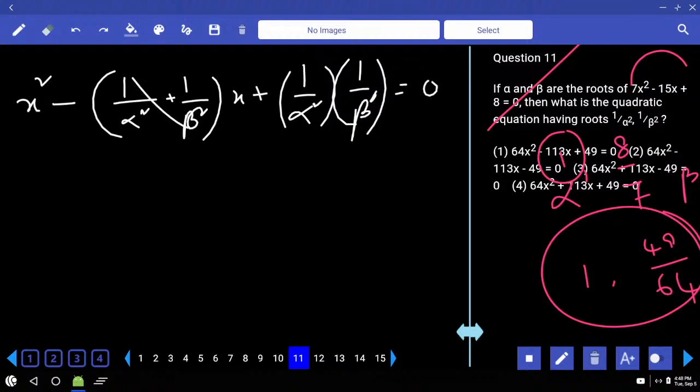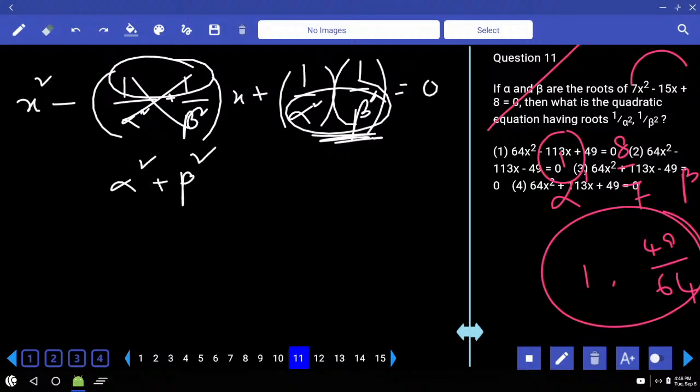So here this is alpha square plus beta square by alpha square beta square. This is alpha square beta square, nothing but alpha beta whole square. Here it is alpha square plus beta square, which can be written as alpha plus beta whole square minus 2 alpha beta. And from the equation we can find the values of alpha plus beta and alpha beta. If we substitute there, we will get the answer. That is the procedure if you are unable to find the roots of the given equation. Okay.